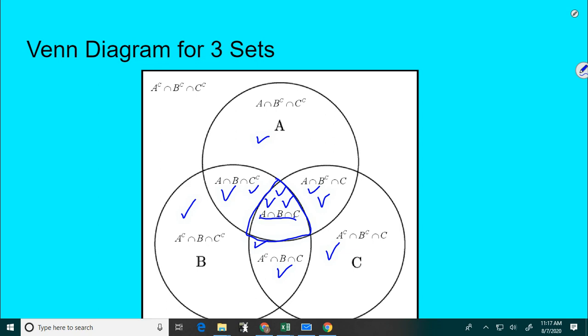Okay, if I wanted to find this one maybe. A complement, I check everything not in A. We can look at that real quick here. So everything not in A for A complement, there. Everything not in B, so there.